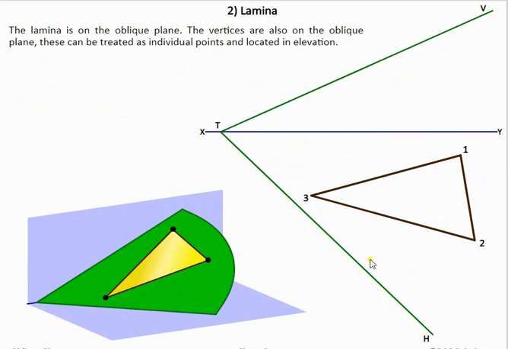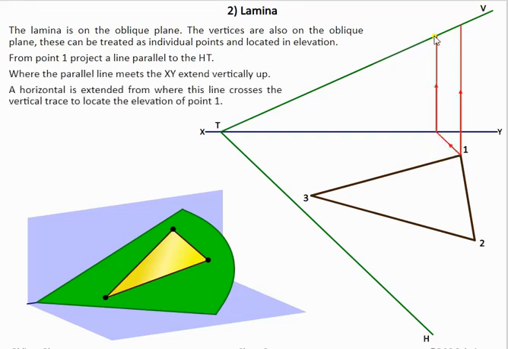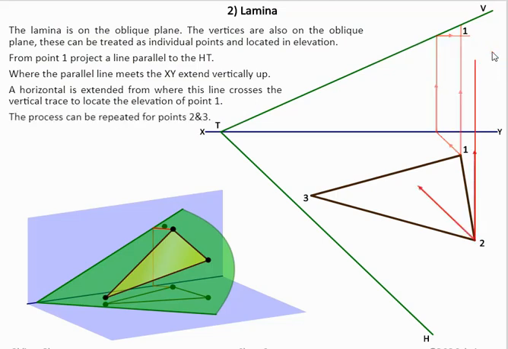Now in this question, we're given the lamina in plan and we need to find the elevation of it. So we bring point 1 up, next we bring point 1 parallel to HT, then we bring a line straight up, and where it hits VT, bring it across, and that's our point number 1 found. Now we'll do the same in the 3D graphic here, just to show where all this construction is developed from.